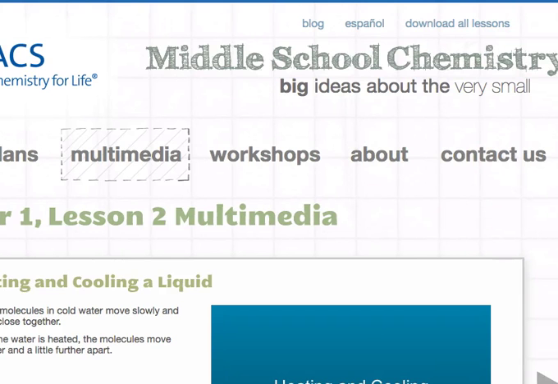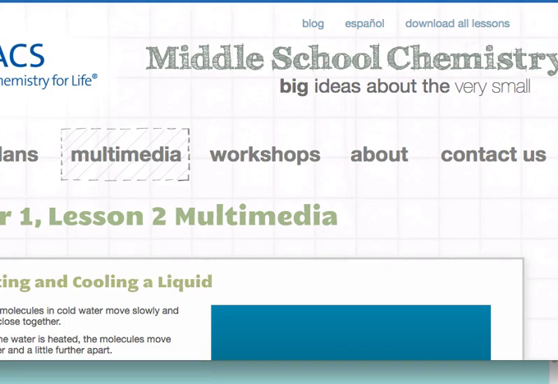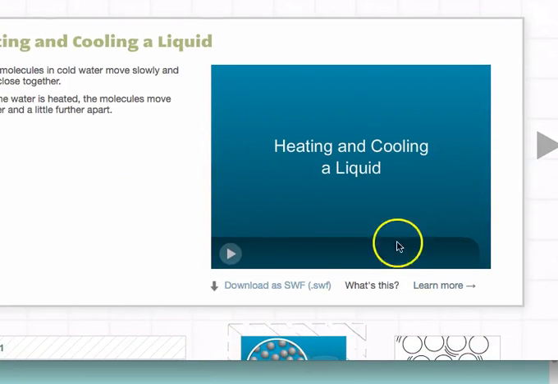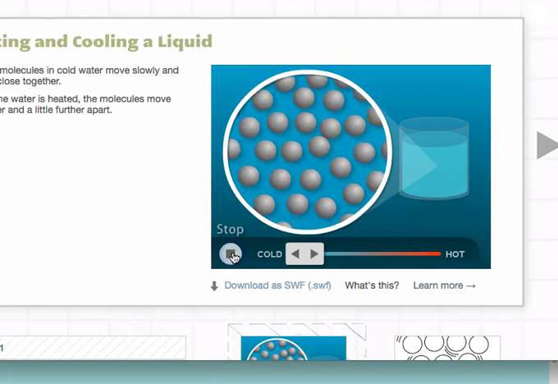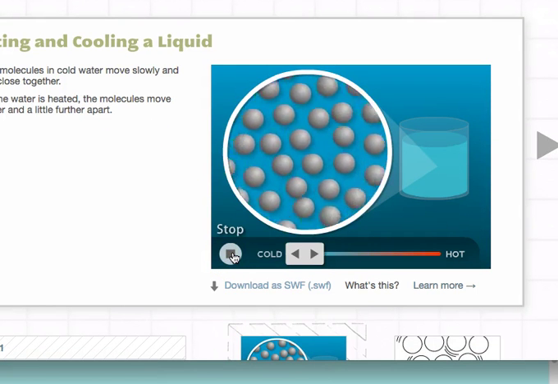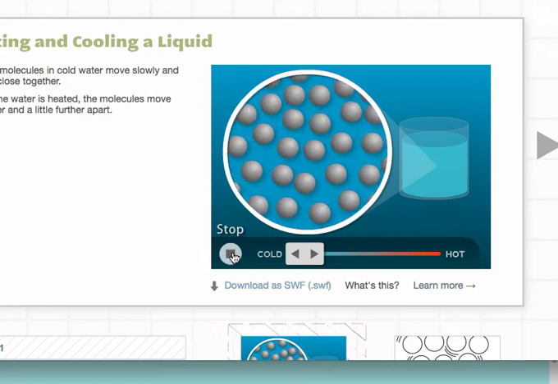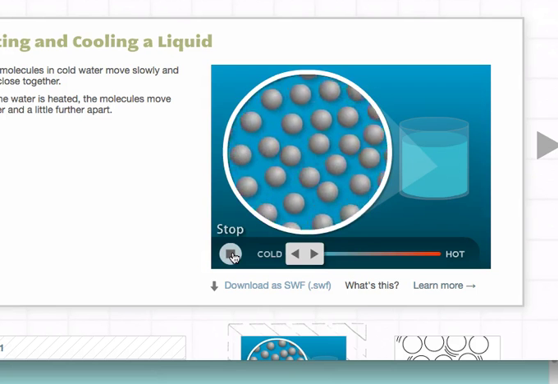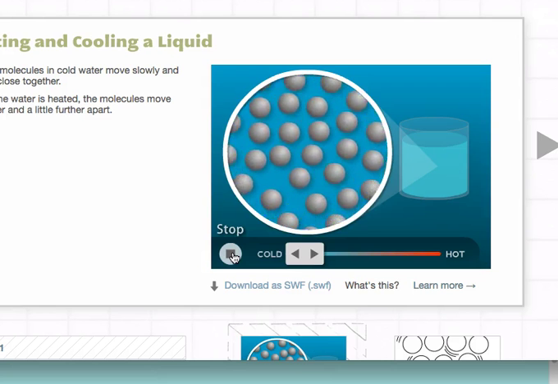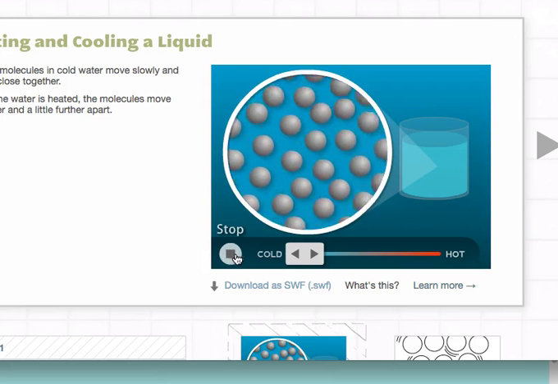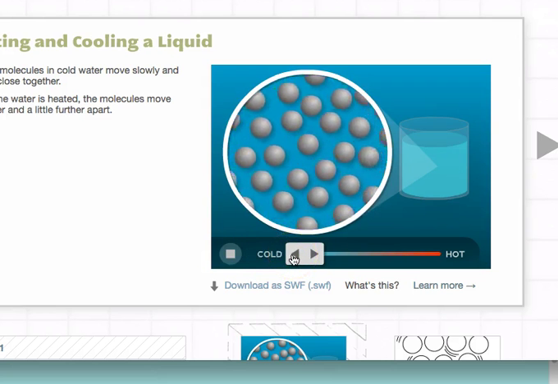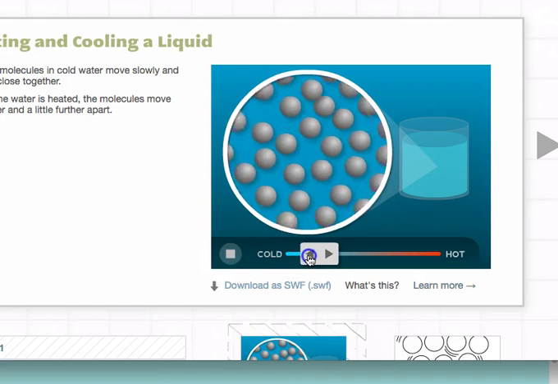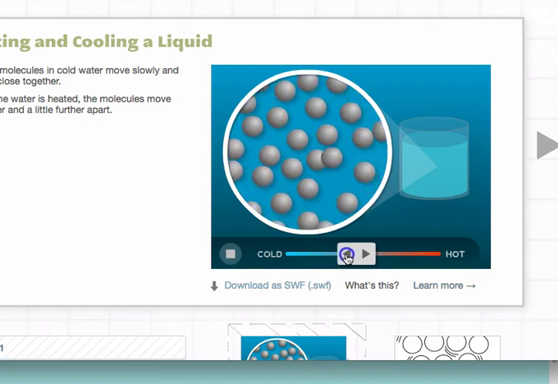So here's the computer simulation. Take a look at what the molecules are doing. Notice there's a difference between these molecules in a liquid and the molecules that you saw in a solid in 6.2. Now let me heat it up, so you can see that I'm sliding the cursor over there.